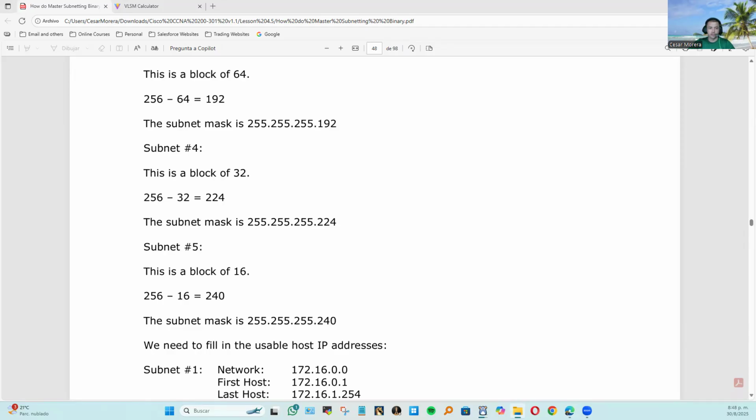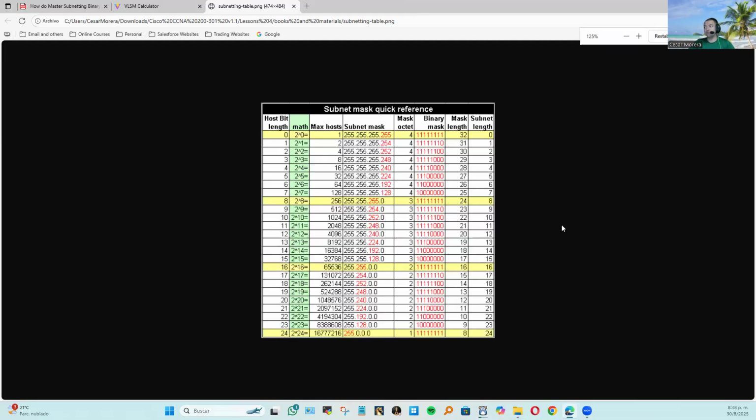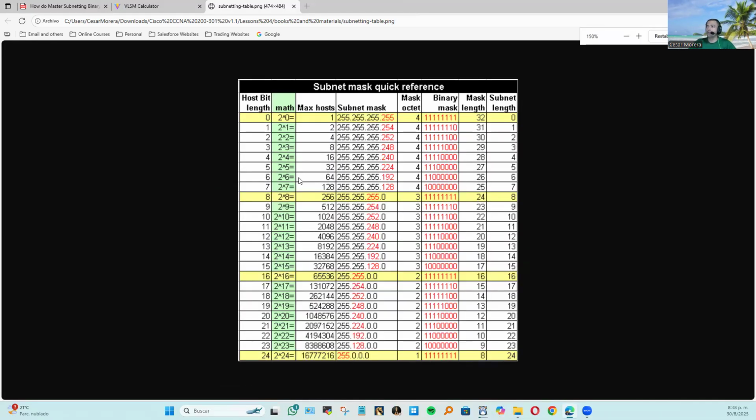Give me just a moment. It's in lesson 4. It is actually in the IPv4 subnetting section. I shared this material with you. This magic table will save your life, basically, because it will give you the amount of hosts per network in seconds.